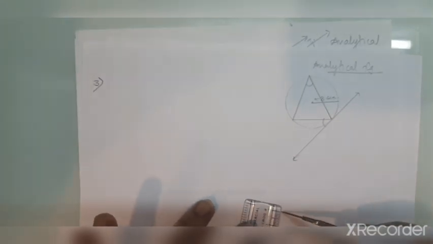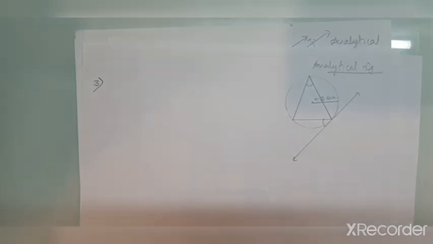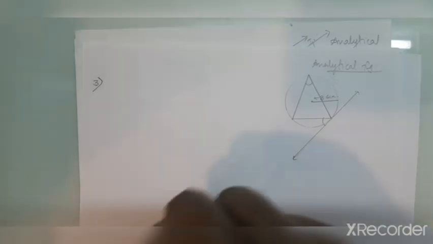So what we do is on the compass we will take 3.6 centimeter and first we will draw the circle. This is a circle here. This is a circle with 3.6 centimeter.